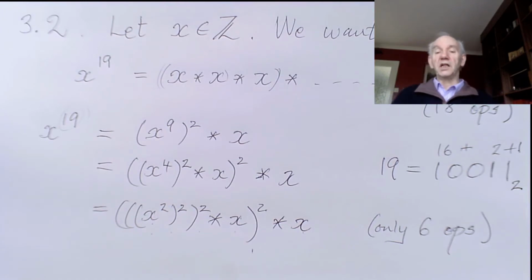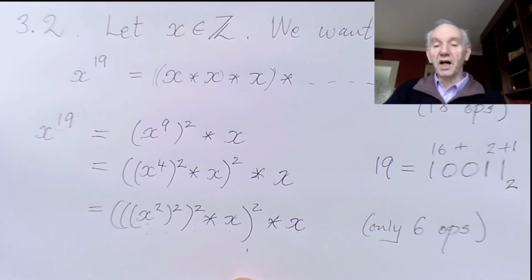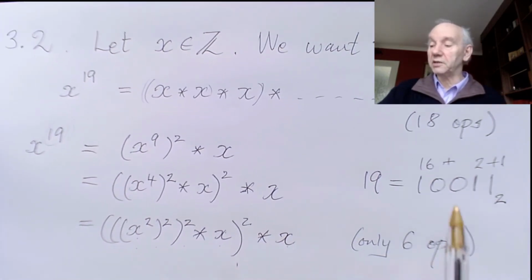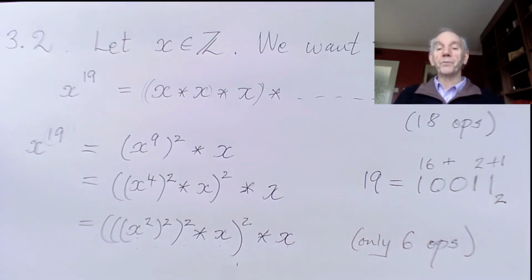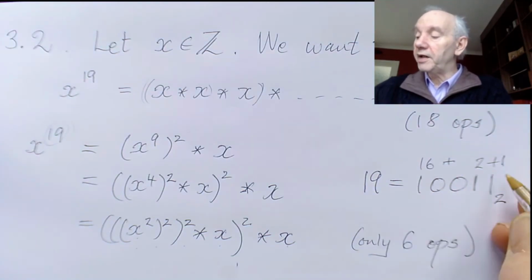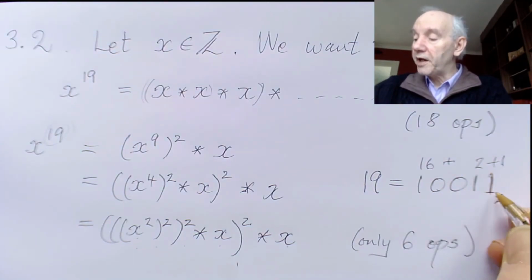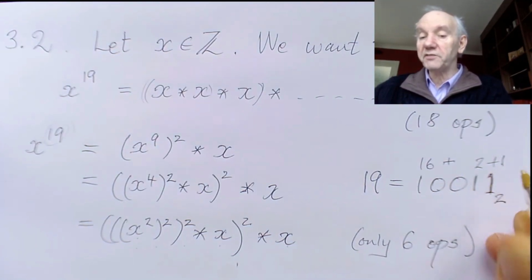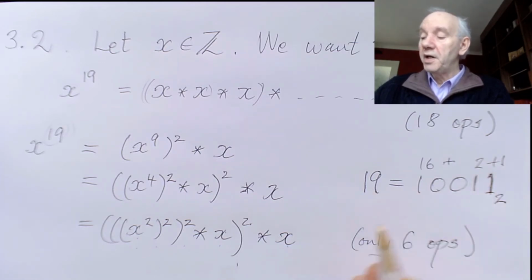I'm just extracting the highest powers of 2 I can. I can extract the 16. That leaves me a 2 and a 1. So that's what 19 is in binary. And so the fact that 19 is an odd number is reflected by this 1, and it corresponds to the x here.